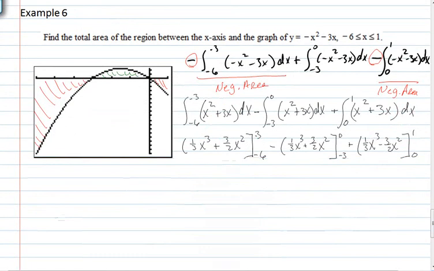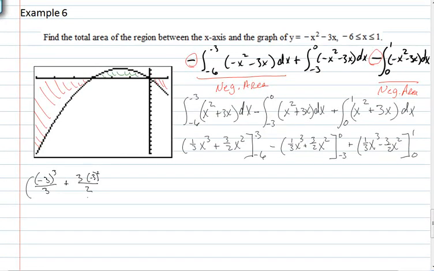Okay, so let's go ahead and evaluate this. What do we plug in first, the upper bound or the lower bound? Upper bound. So this will be negative 3 cubed over 3, plus 3 times negative 3 squared over 2.